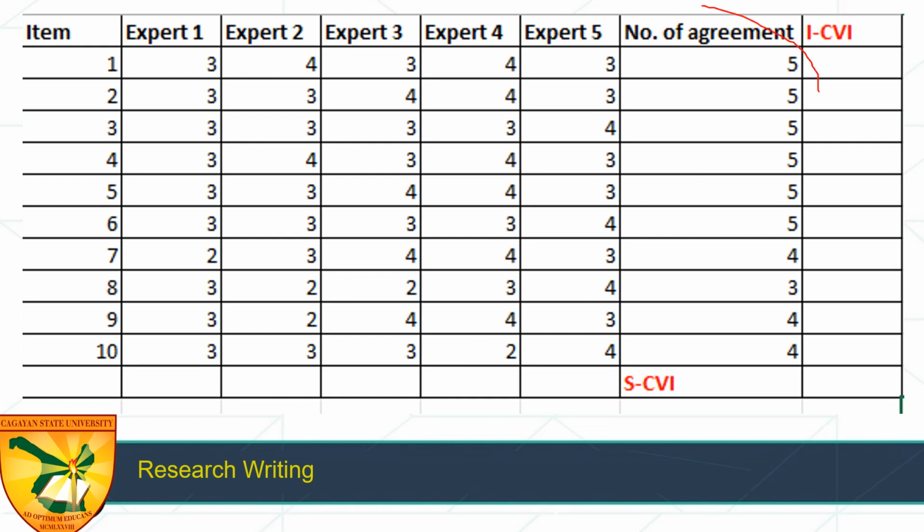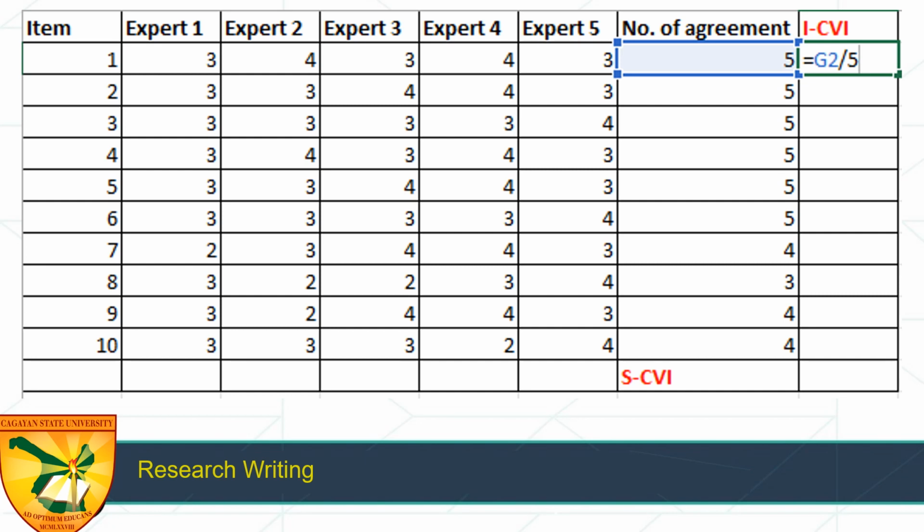Here we have the number of agreement already. For the computation of ICVI, if you can remember, it's the number of agreement over the number of your expert validators. So using the Excel form that I'll be giving you, you have here the number of agreement, over 5, which is the number of experts.